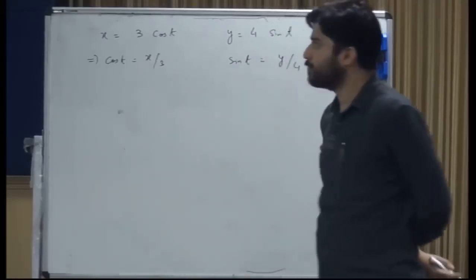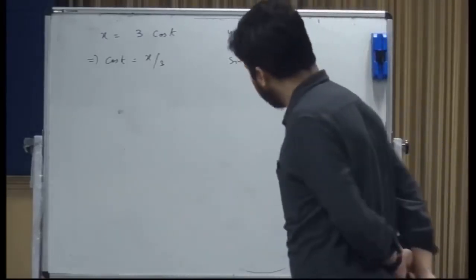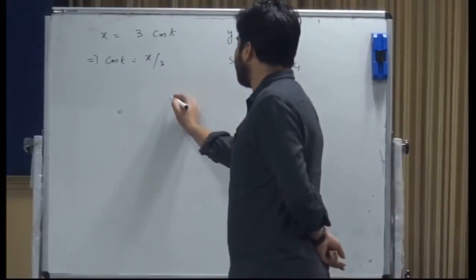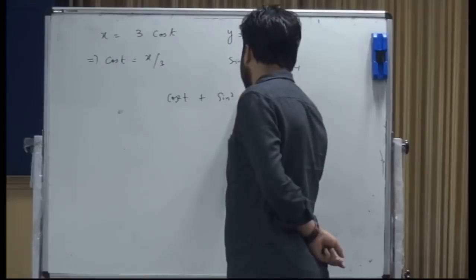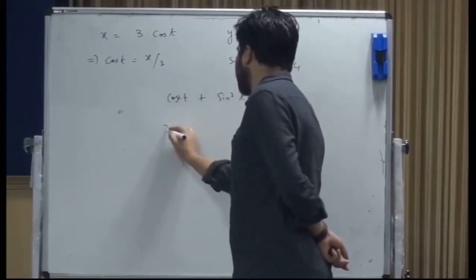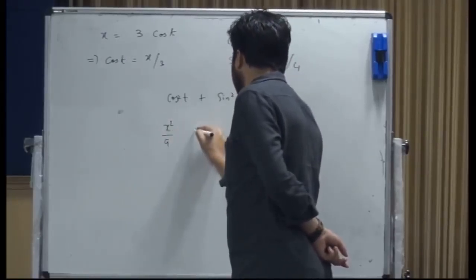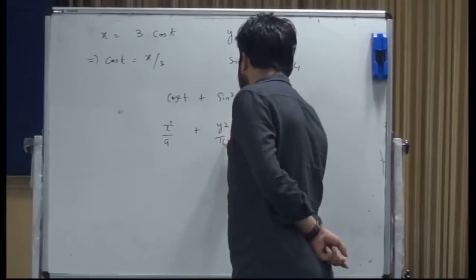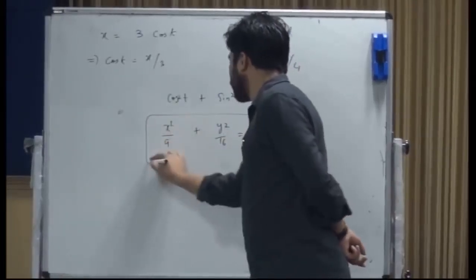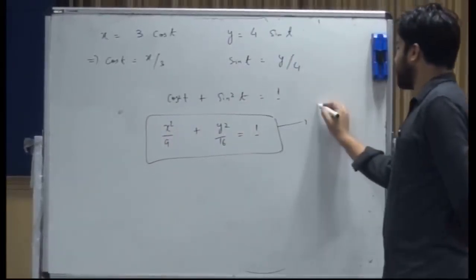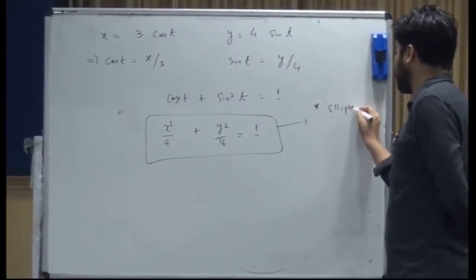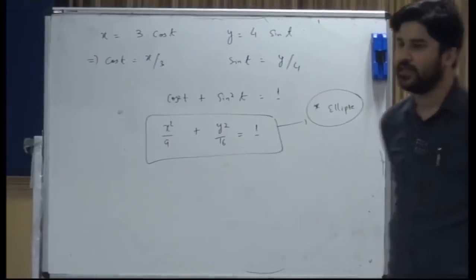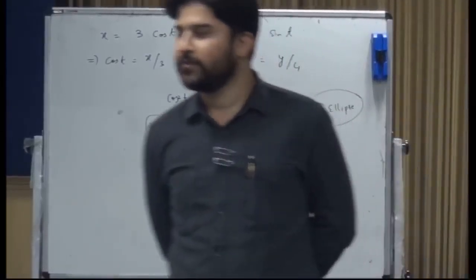Now what to do? We know it, this is an identity, cos square t plus sin square t is 1. So I can say x square by 9 plus y square by 16 is equal to 1. Just put a star mark and say it is ellipse. Just we'll discuss why later on. Just put it that it's an ellipse.